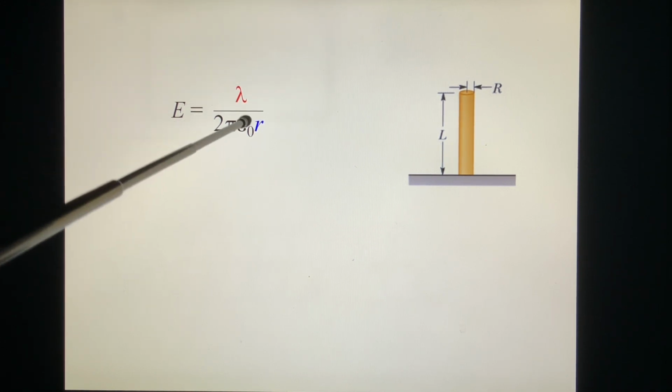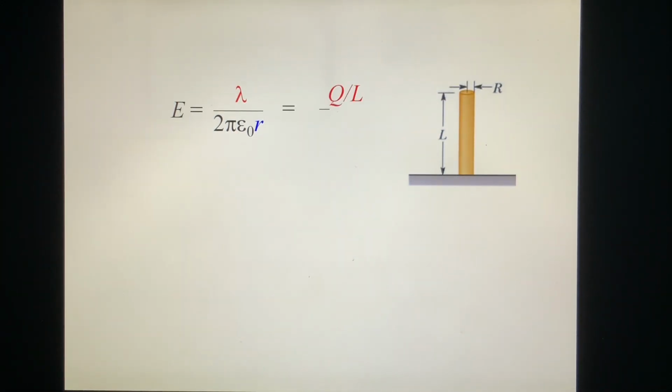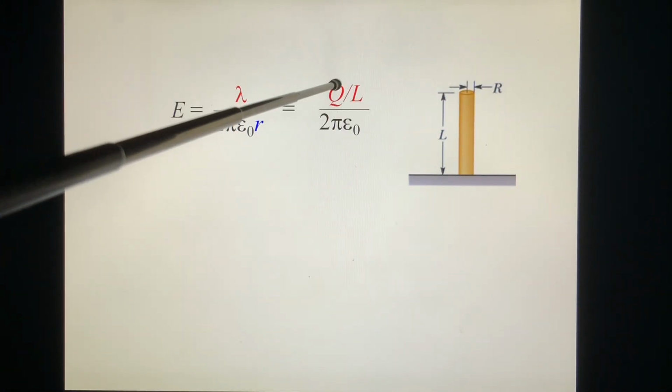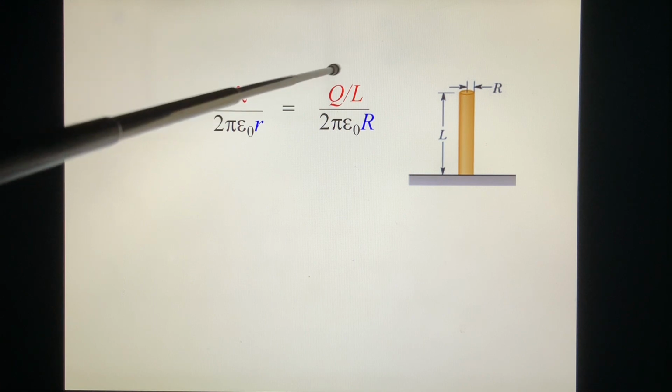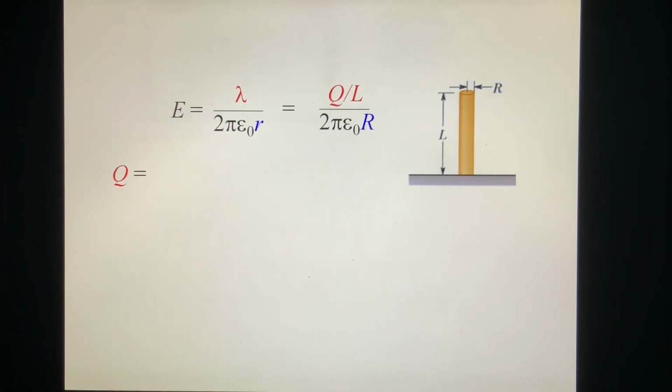The larger the R, the smaller the E. When you have a breakdown, it must happen at small R. And lambda is Q over L, where Q is the charge the woman has and L is her height. So in this case, we find Q. We put everything inside. Very simple, straightforward.